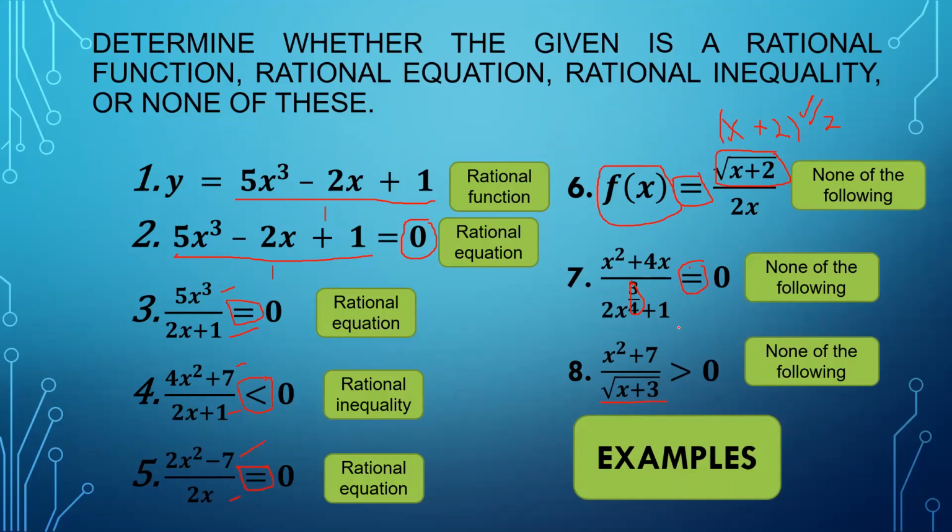Okay? Then lastly, if it is separated by an inequality sign like this one, it is not always guaranteed that the given inequality is a rational inequality. So again, we first need to verify if the numerator and the denominator of the given expression are polynomials. If one of the conditions is not met, therefore it is not a rational function, rational equation, or rational inequality.